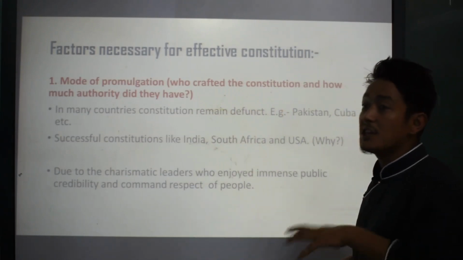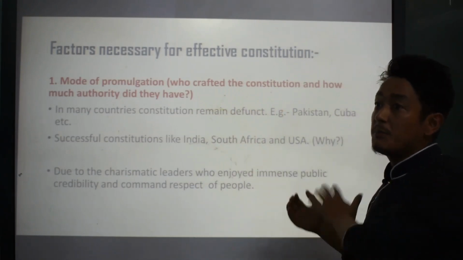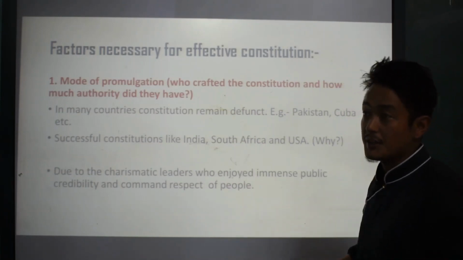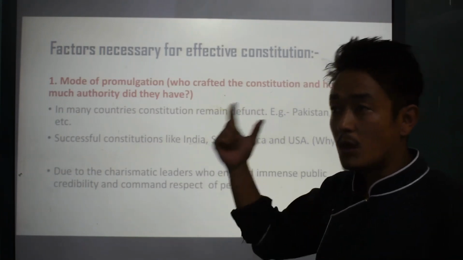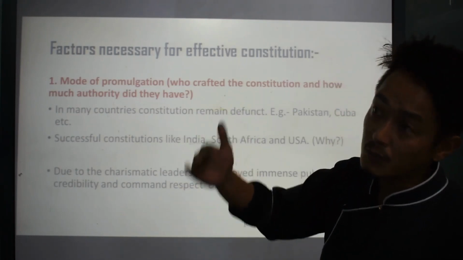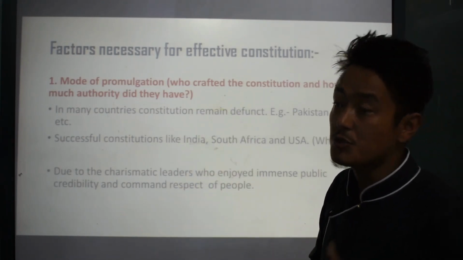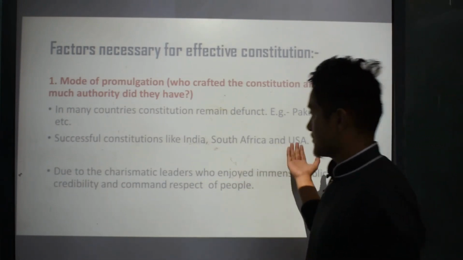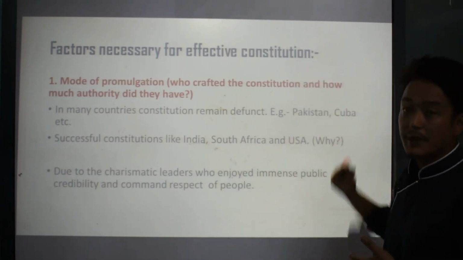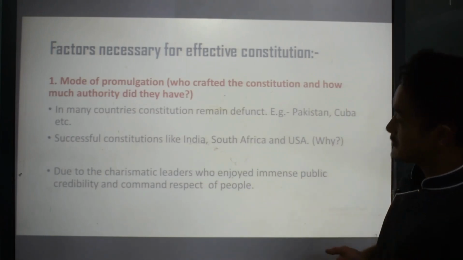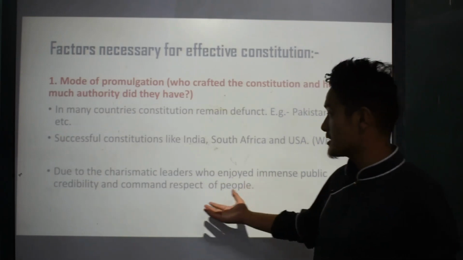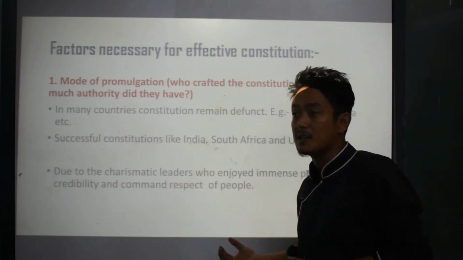Because they were popular, people also support whatever they have created. So it is necessary that the ones involved in the making of the constitution should be very popular and charismatic leaders. These are some of the countries with very successful constitutions so far, and some of the main reason is the charismatic leaders.